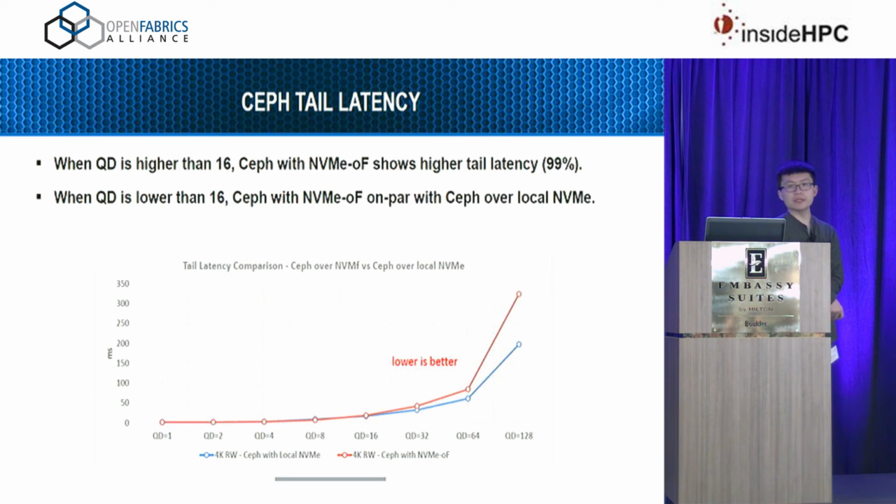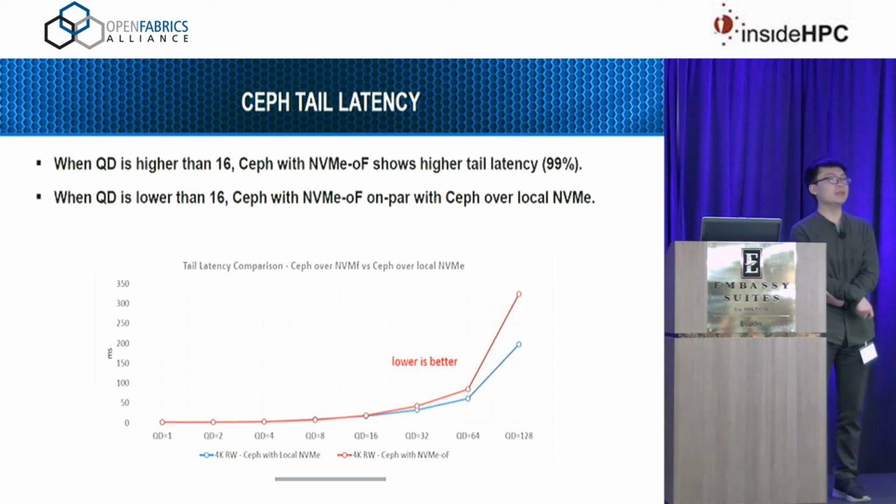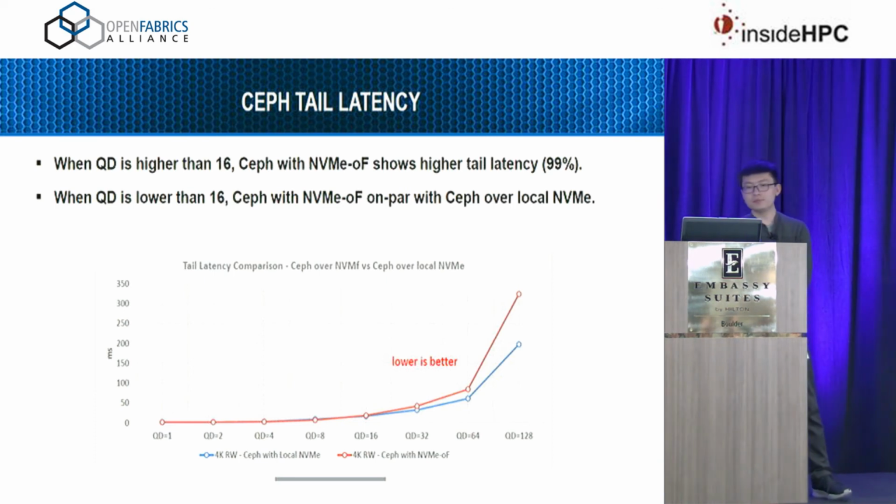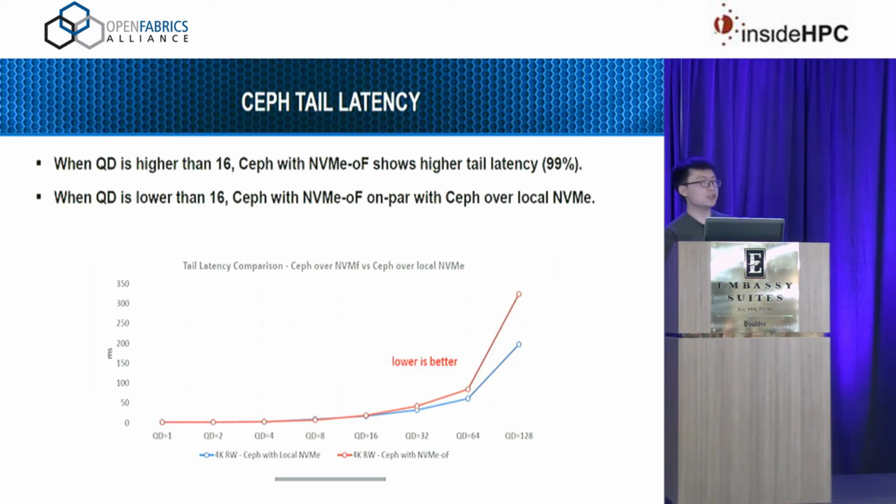So here is the Ceph tail latency, 99% latency. When the queue depth is higher than 60, Ceph with NVMe-oF shows higher tail latency, 99% latency from FIO.